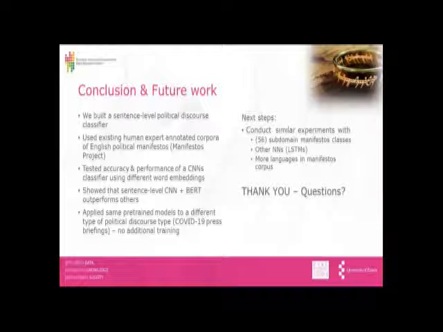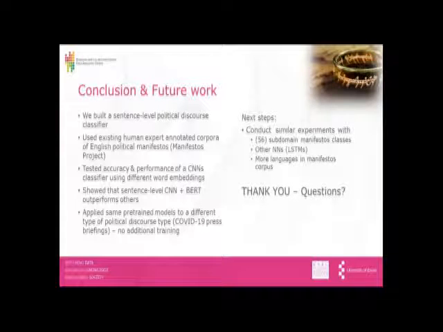So just to summarize what's happened here, we built a sentence-level political discourse classifier. We used the existing human expert annotated corpora of English political manifestos, the Manifestos Project, as I mentioned. Then we tested the accuracy and performance of a convolutional neural networks classifier using the different word embeddings. And we showed that out of the different combinations of experiments, the convolutional neural networks plus the BERT word embeddings outperforms the others.